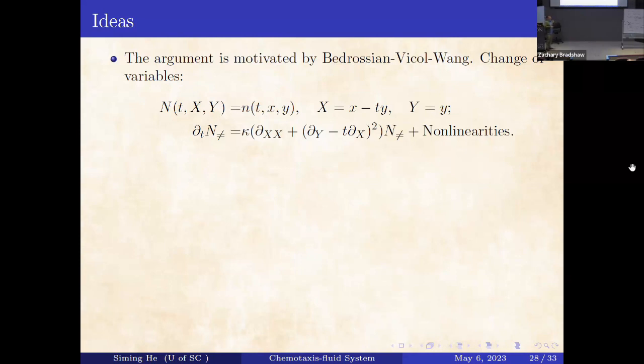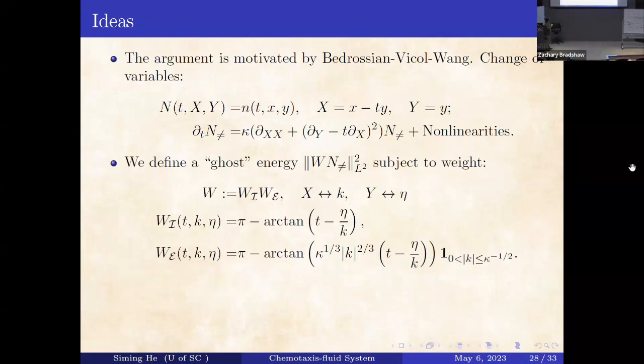But we can build some interesting functionals to capture the behavior of the solution. We do the same thing as before and move to a new coordinate system. Our equation is just a passive scalar part plus some nonlinearities. I'm not even going to write down the details of this nonlinearity, but they are enemies.